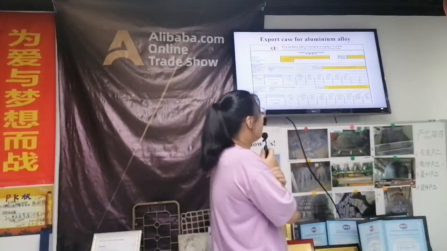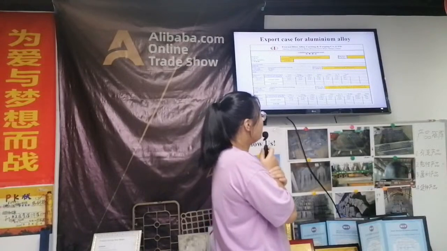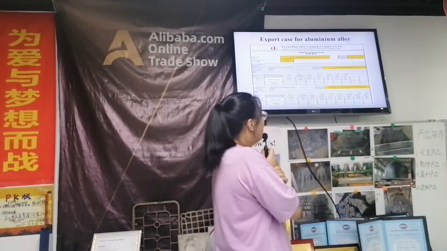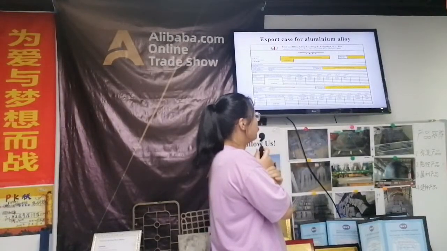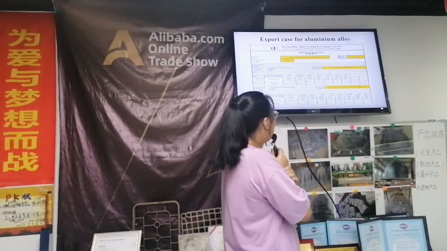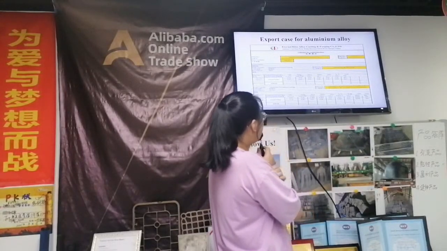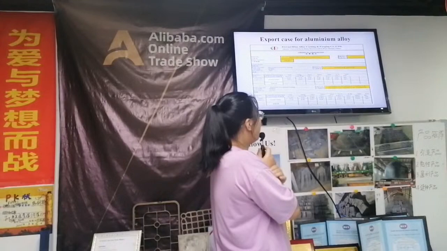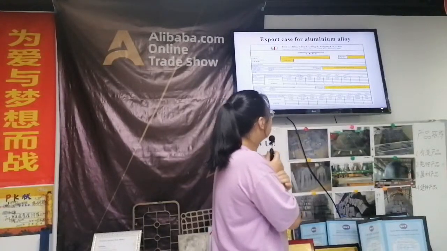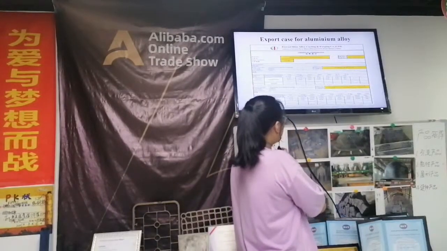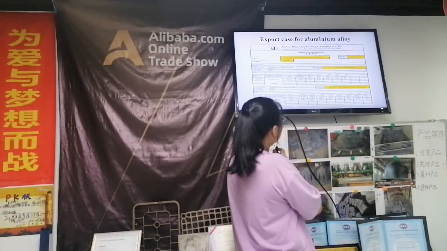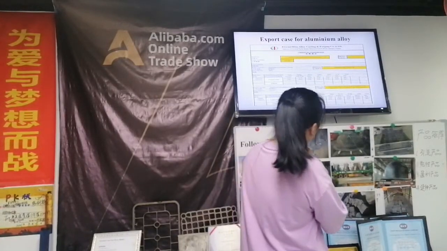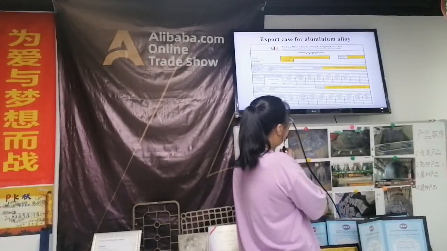Next, test reports for aluminum alloy. You can see this one is the chemical composition test report. The material is CL101. For chemical composition, the setting is about 6.9, and the aluminum is balanced.